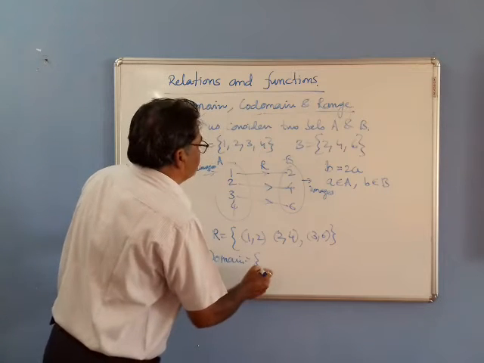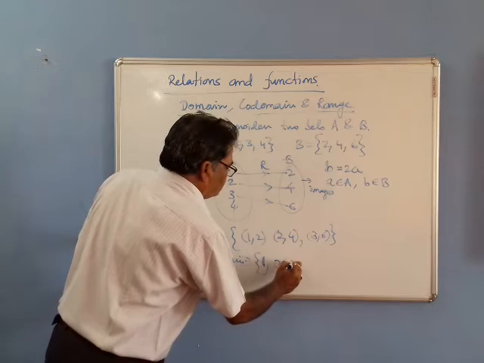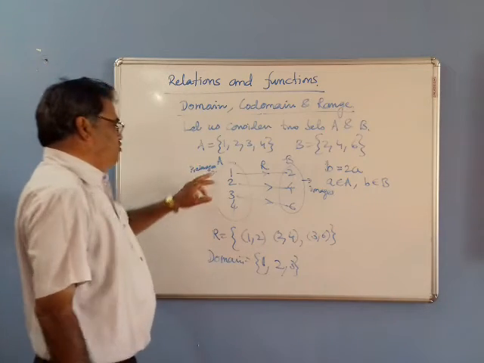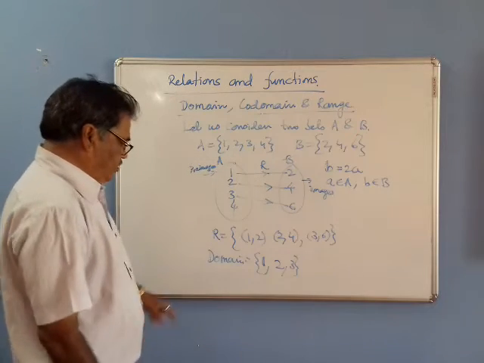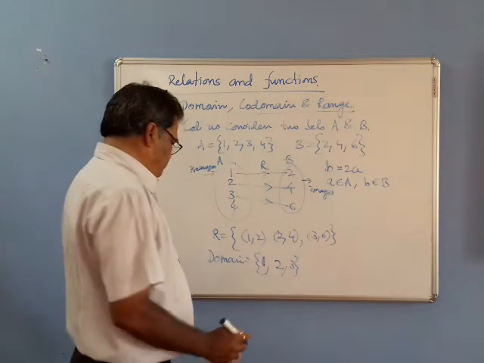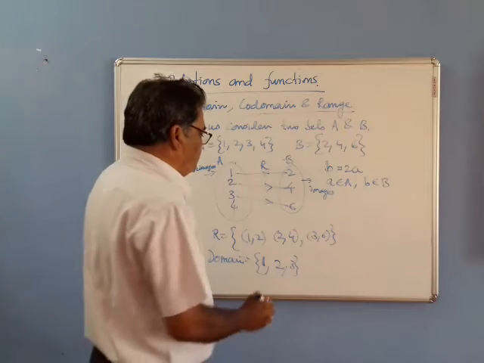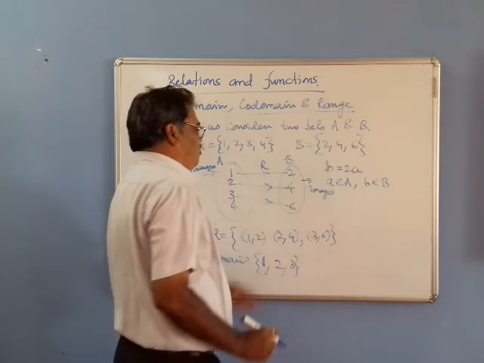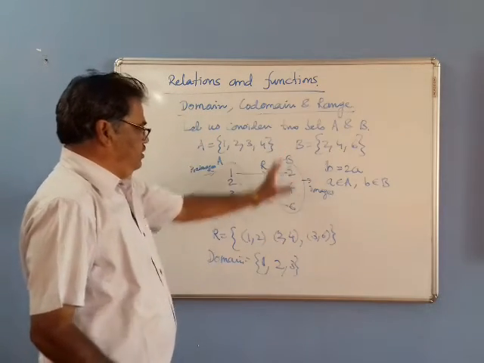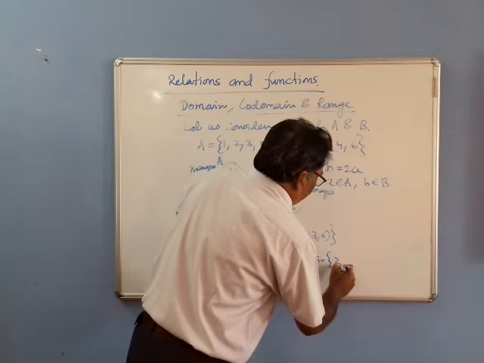The domain is equal to {1, 2, 3}, because only 3 elements of A are related with B. 1, 2, 3 are the 3 elements which are in the domain. Codomain is the set of all elements of B. B is equal to {2, 4, 6}.